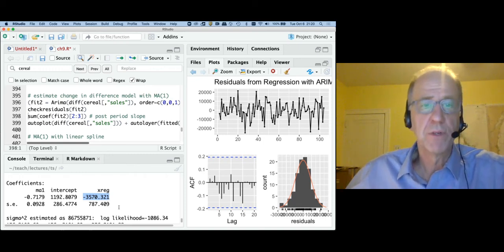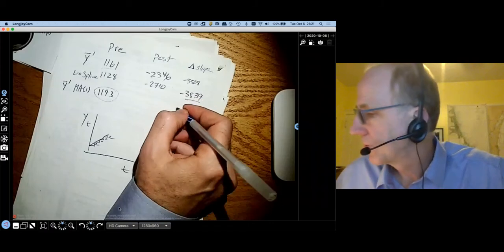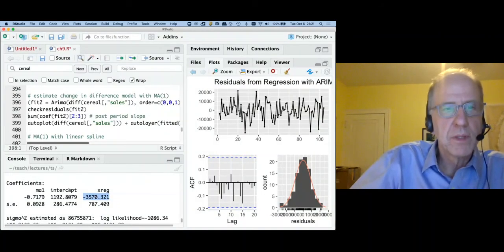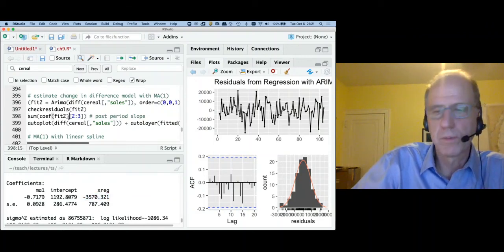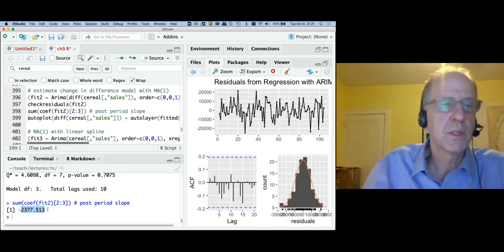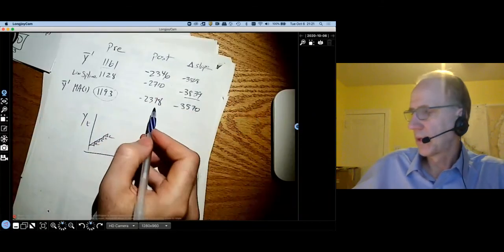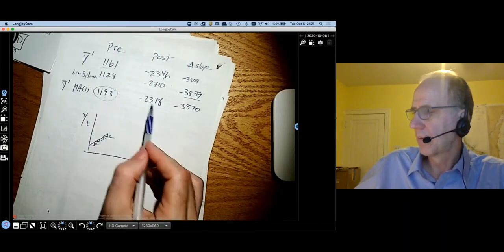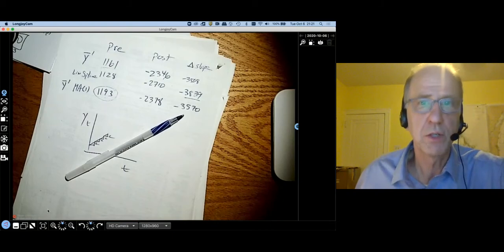The mean of the differences shifts down by 3570, so minus 3570. The sum of those two, let's compute that sum, would actually tell us the mean in the post period, so minus 2378. So this is the mean of the differences in the pre-period, the mean of the differences in the post-period, and this is how those differences change.